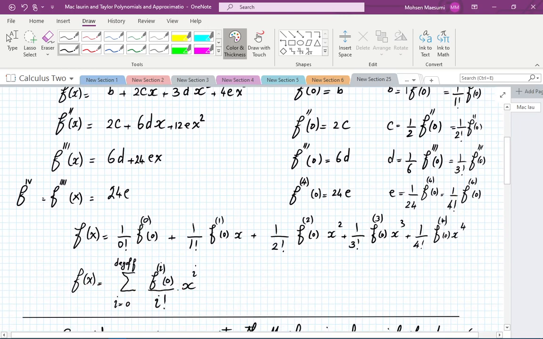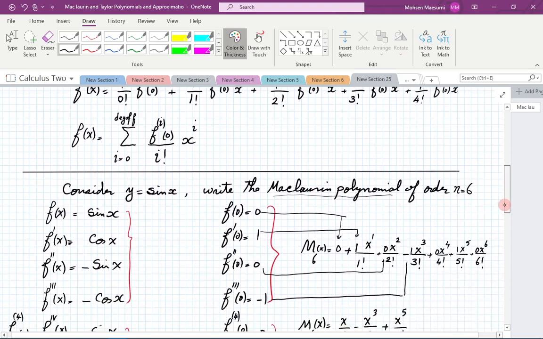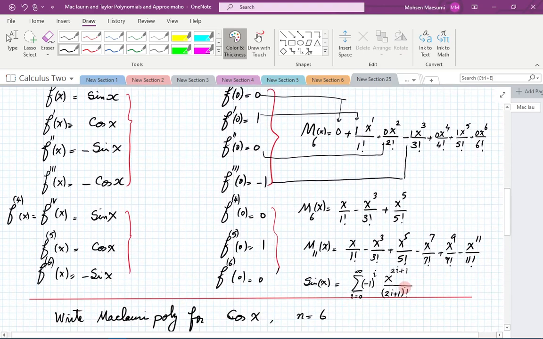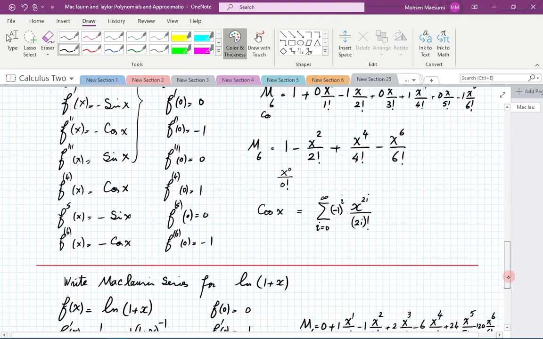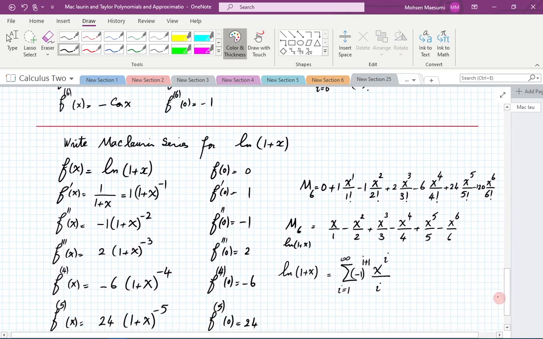And the question was, can we do the same thing with all the other functions? We tried it for sine of x. So sine of x, we have this Maclaurin series. Cosine of x, we tried this Maclaurin series. And the logarithm of 1 plus x, that was this series.